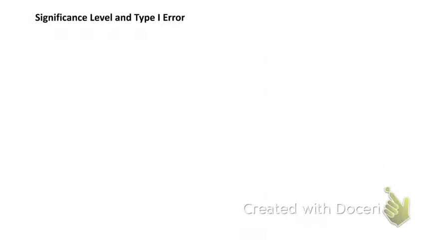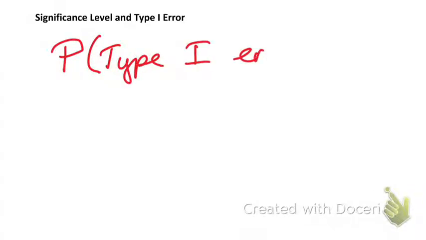All right, significance level and type 1 error. I've already said this, but I'm going to make a very big point of it right here. The probability of a type 1 error is legitimately equal to the significance level. It's literally that easy. If you know the significance level, then you know the probability of a type 1 error occurring.